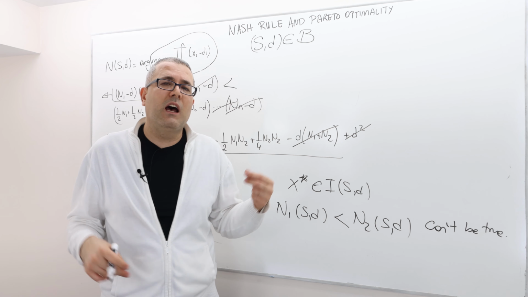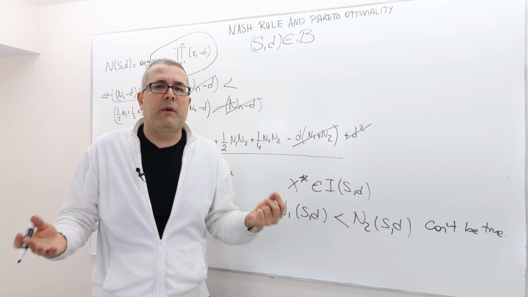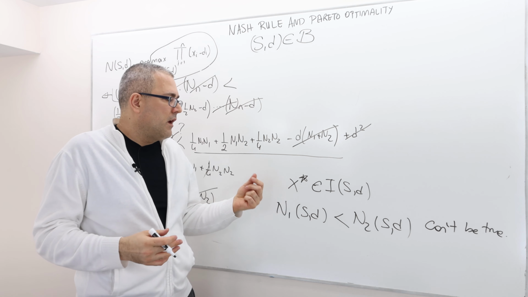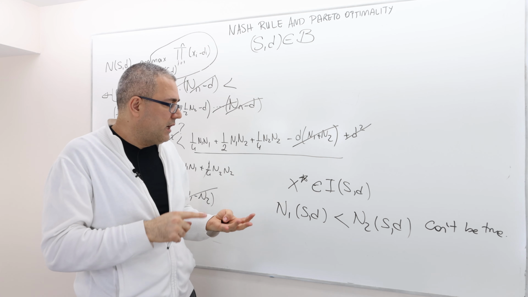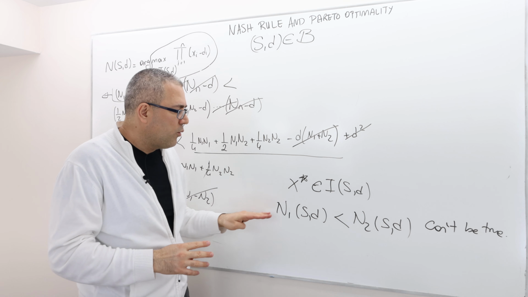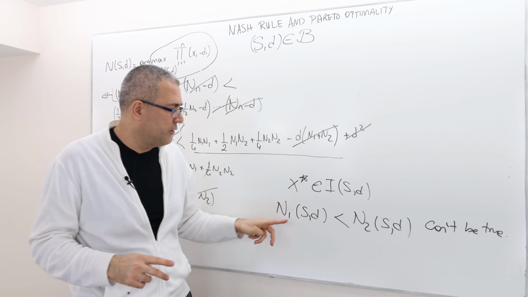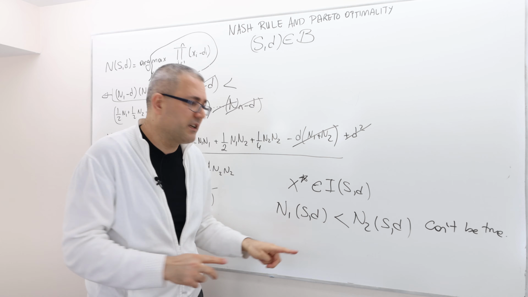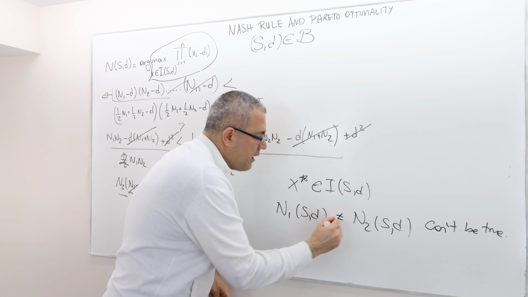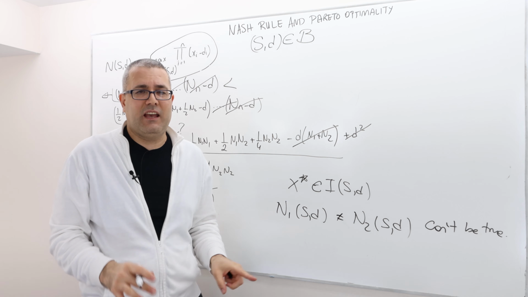What if it is not player 1 and 2, but player 3 and 8? Doesn't matter, okay? So the identity of the players and which one is bigger than the other doesn't matter. If we have two negotiators whose Nash solutions are different, okay, well then we're going to have a contradiction. So this can't happen.